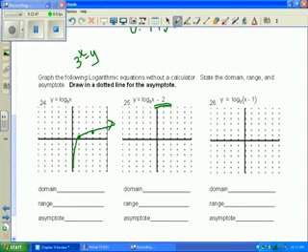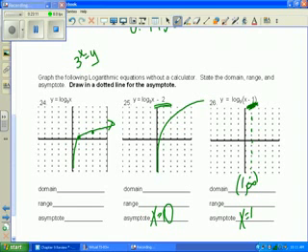Which way would number 25 shift it? Down 2. And which way would number 26 shift it? Right 1. Does your asymptote change on number 25? Shifting it up would still give it an asymptote at 0. Shifting it right would make the asymptote at 1, and the domain would have been changed.